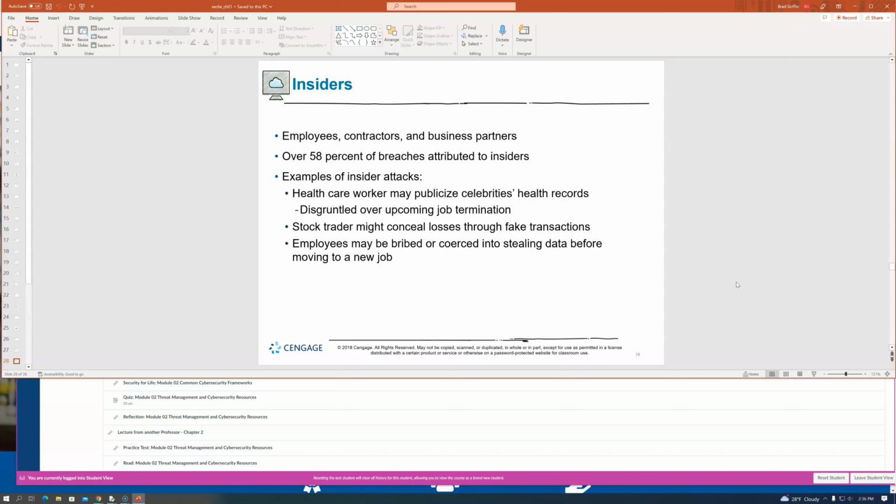Why is it insider? People inside of a group, if you're going to get fired, would you want to get revenge on that company? Maybe you write a script that deletes all their files the day after you get fired. Hiding stock losses, hiding information about a company, healthcare workers releasing information about people.